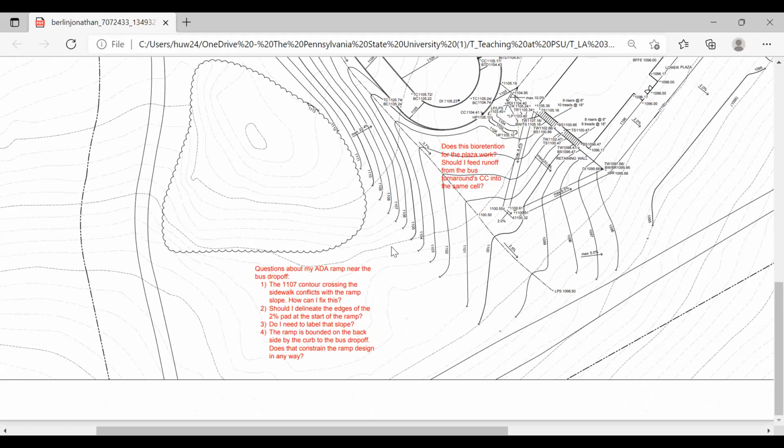So delay the edges of the 2% pad at the start. Yes, please. And do I need to label that slope?